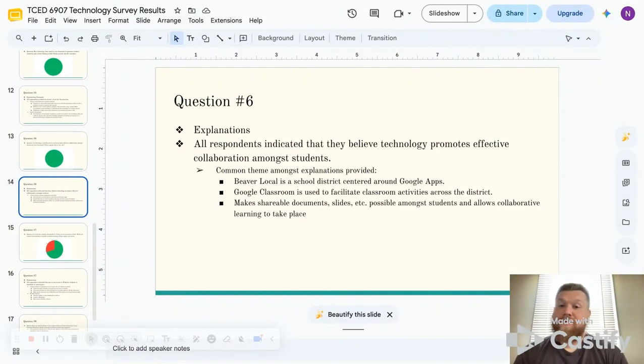Google Classroom specifically is used to facilitate classroom activities across the district, making it easy for students to collaborate with one another. And as previously mentioned, since all students have a Google account, it makes shareable documents, slides, etc. possible among students and allows for collaborative learning to take place, especially during things like group projects.